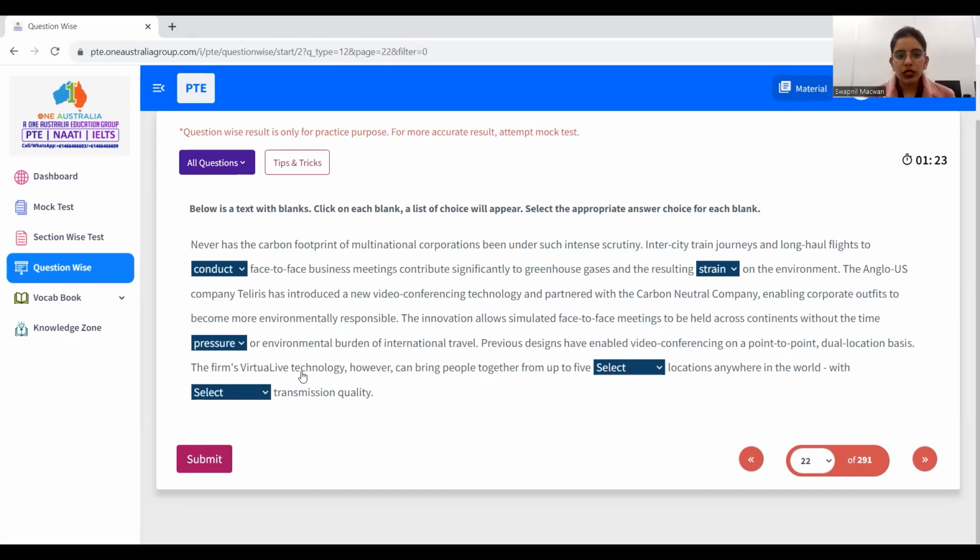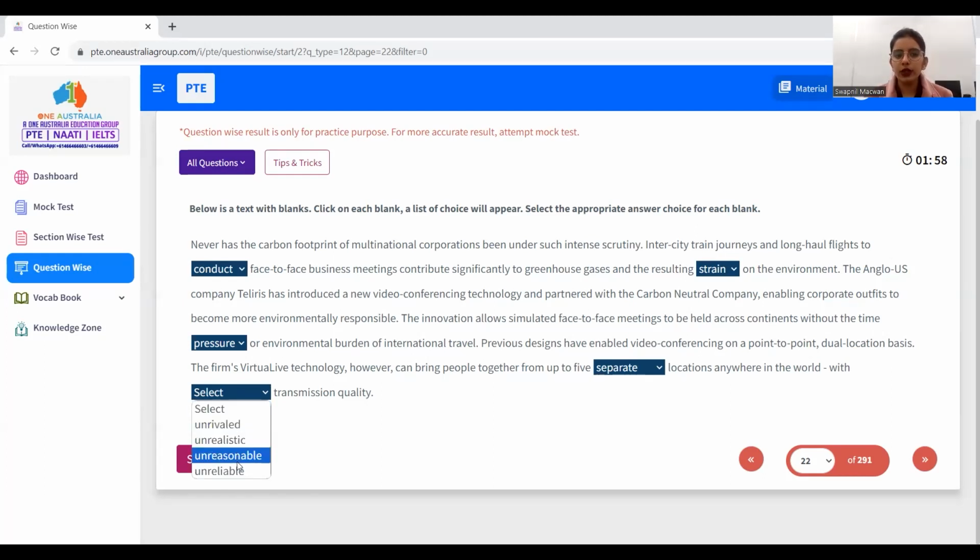The firm's virtual live technology, however, can bring people together from up to 5 dash locations anywhere in the world, up to 5 different locations. The word related to different is separate, so from 5 separate locations anywhere in the world with dash transmission qualities, with very good qualities, with very extraordinary qualities.